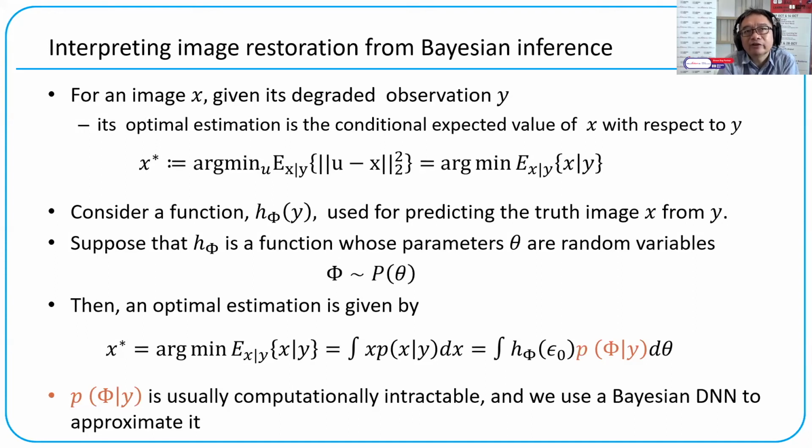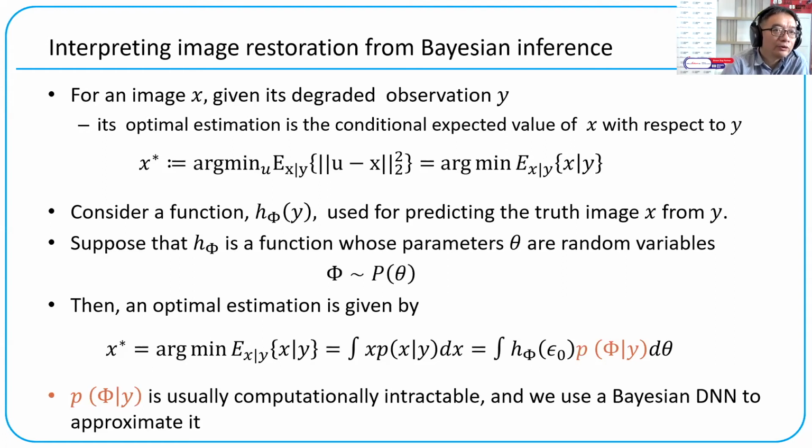That is the average optimal estimation over all the possible blurred images. Then I can rewrite this in terms of mathematical formulas. This is so-called Bayesian inference.